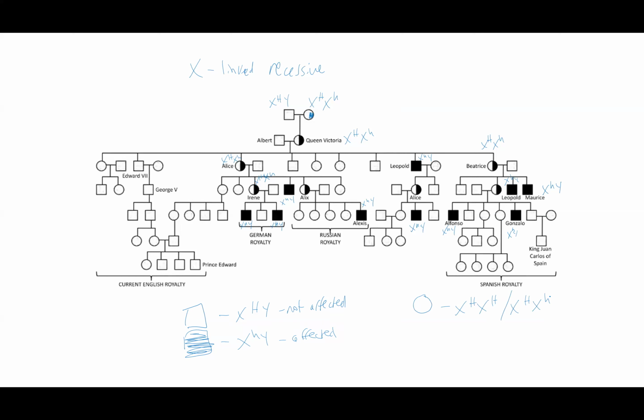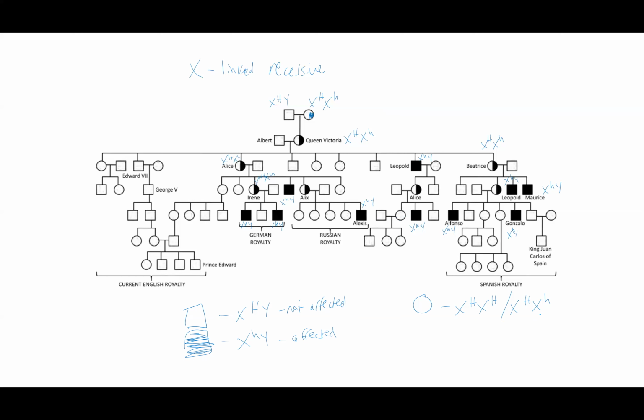There's no way for us to know the difference. Like this mom is a carrier, so she could have passed on the gene to this daughter, but we don't know because this daughter didn't have any children with hemophilia. So we could guess that she might be homozygous dominant, but it's still possible that she was a carrier of it. So all the ones that don't have any offspring with hemophilia, we can't tell the difference.